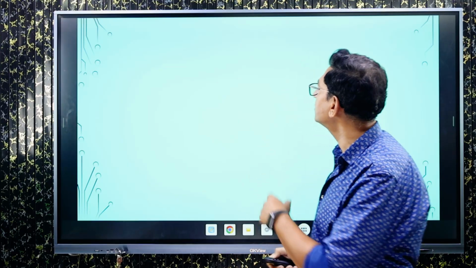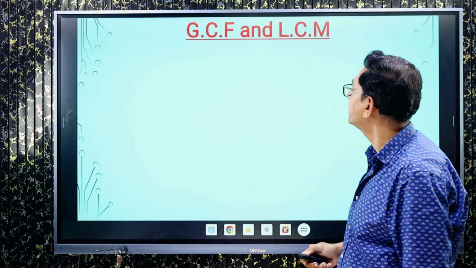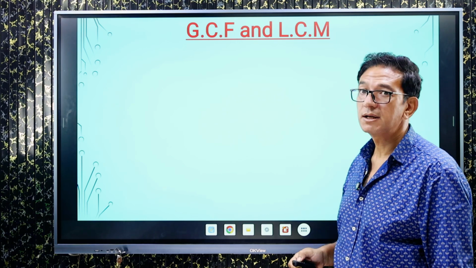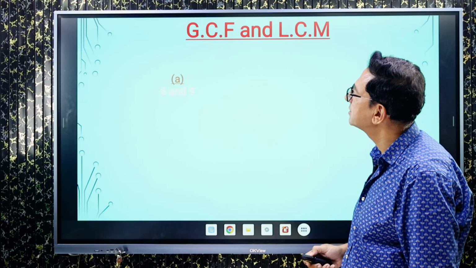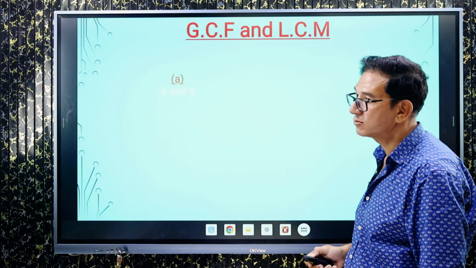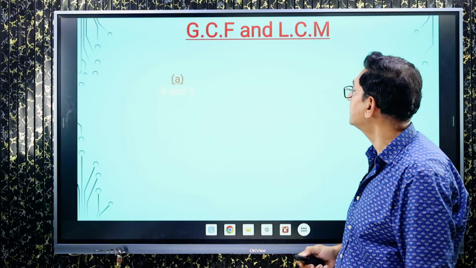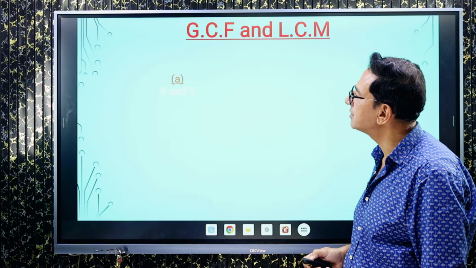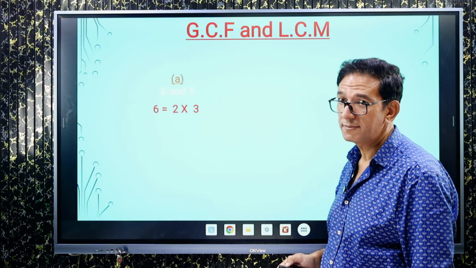Now we will talk about the greatest common factor and the lowest common multiple. We want to get the GCF and LCM of 6 and 9. So you will factorize 6 to its prime factors, it will be 2 times 3.